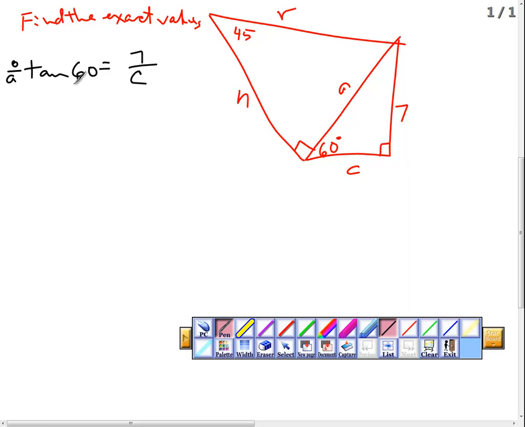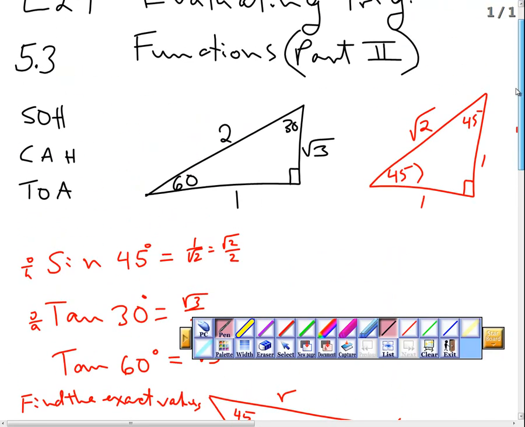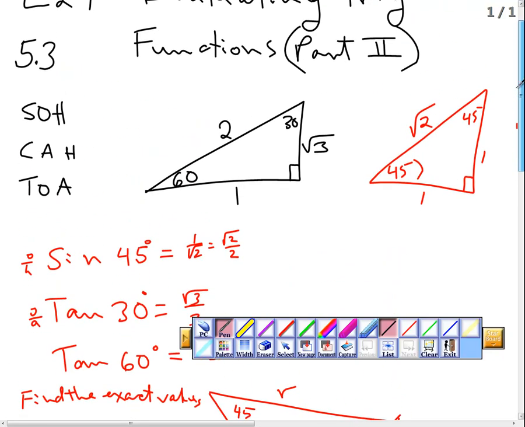All right, so tangent, looking at our special triangles, tangent at 60 degrees, here's 60, we said tangent is opposite over adjacent, that's square root 3.